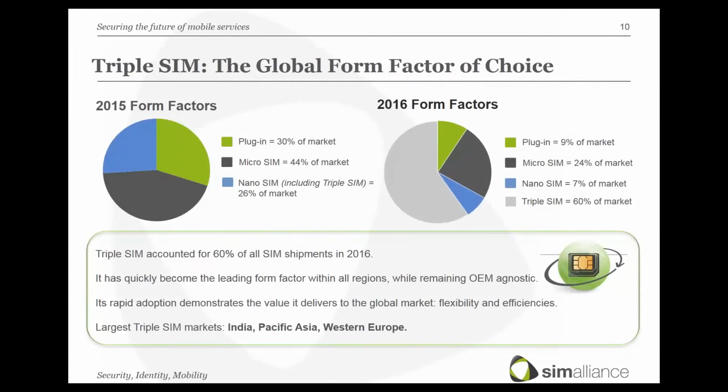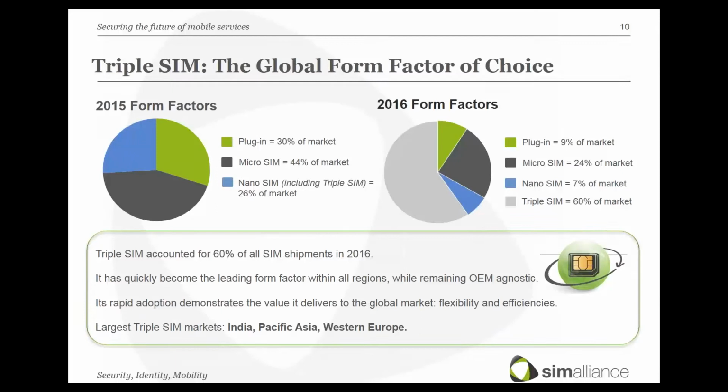So with this, we conclude the regional perspective and come to the generic form factor slide. And some of you might know the left part information because we used this last year. The split between the plug-in, the micro and the nano SIM. And let me just, for the avoidance of doubt, say that we talk in terms of plug-in SIM, even if a micro SIM and nano SIM are also pluggable SIMs for the 2FF.